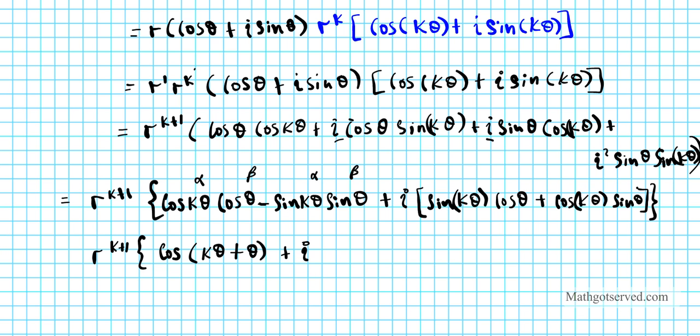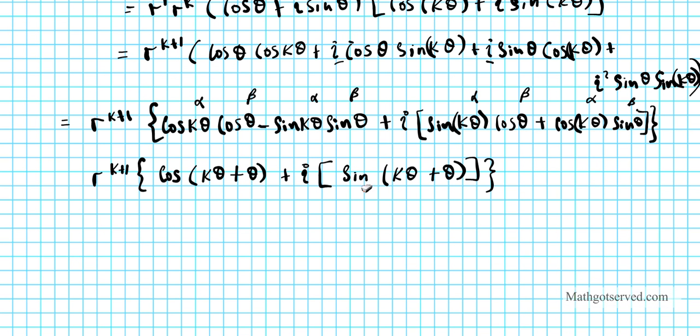Plus i. Now, if you look at what we have here, this is the sum identity for sine, sine alpha plus beta, because you have sine, cosine, cosine, sine, alpha and beta. So this is going to be plus i bracket sine k theta plus theta. Now to finish this up, we're going to simplify the arguments of our trig functions by factoring out the common term.